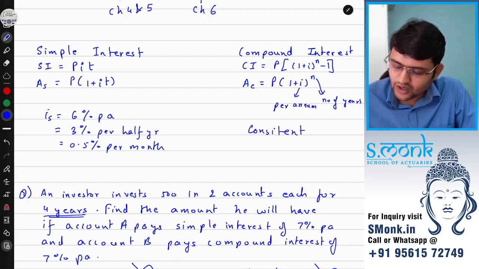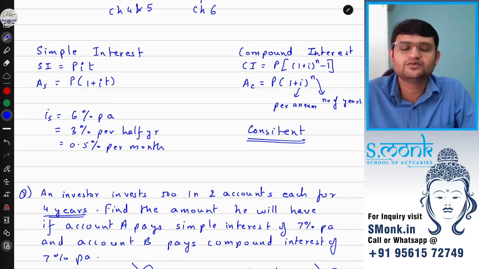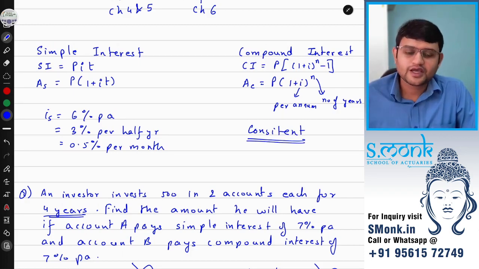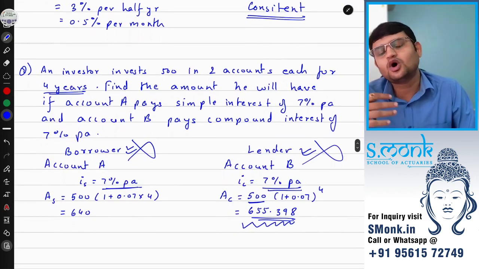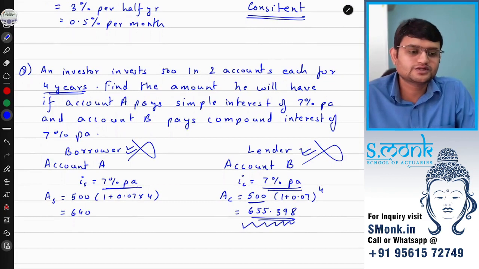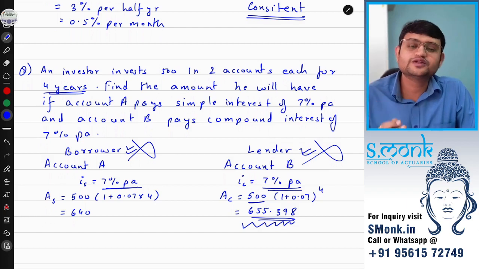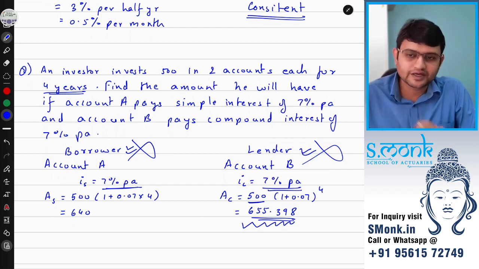We'll learn later on what this word consistent means. But what happens is, even if I invest for a small number of years or a large number of years, the compound interest would give me the same answer if I'm investing for the same time period.